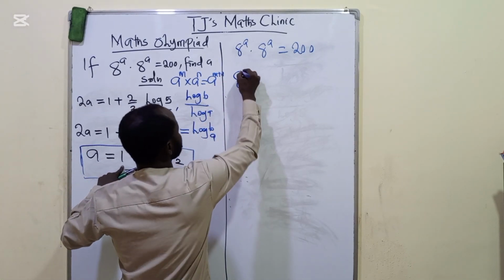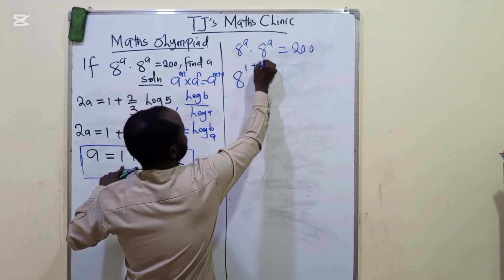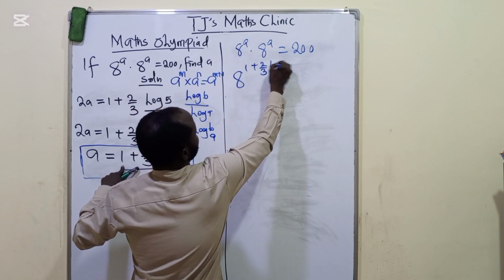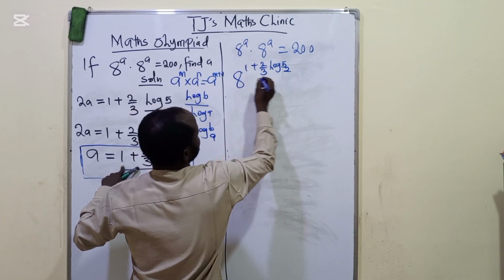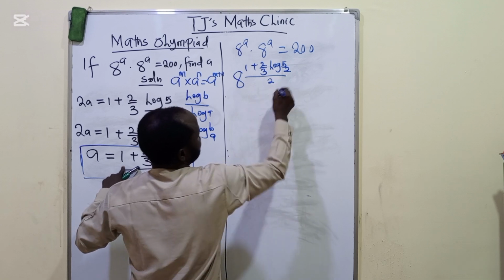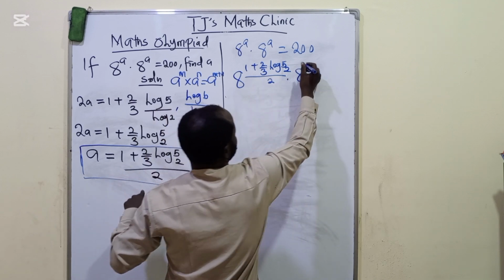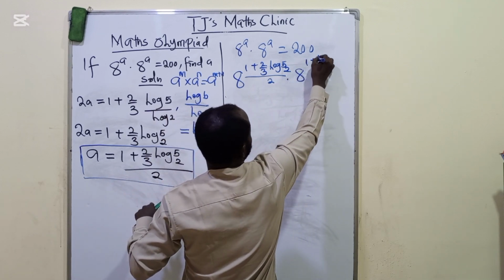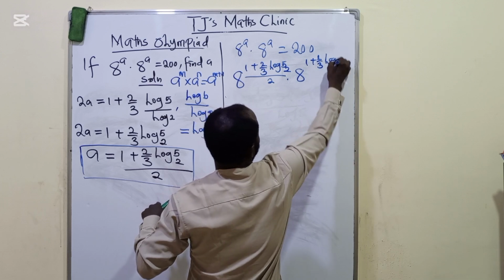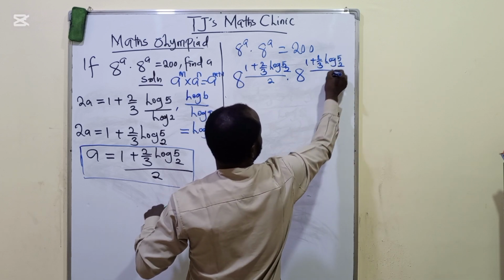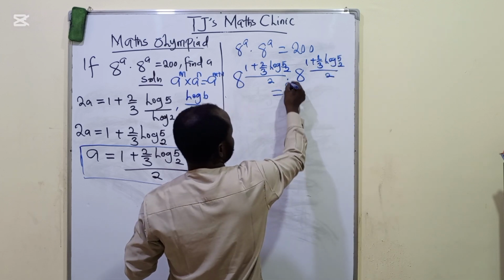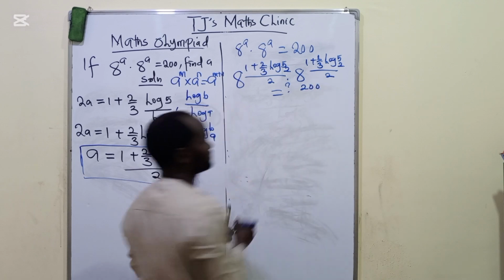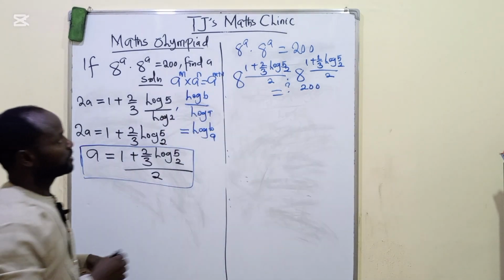We'll have 8 power (1 + 2/3 log 5 to base 2)/2 times 8 power (1 + 2/3 log 5 to base 2)/2. Is it the same thing as 200? That's what we're trying to check.